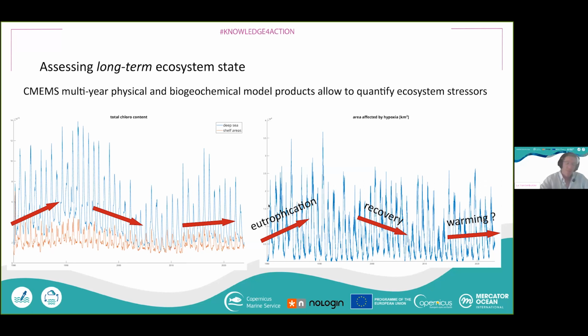Another thing that we can also deduce from data we download from Copernicus is the hypoxia. Hypoxia is a word indicating a lack of oxygen in the water, and bottom hypoxia is the lack of oxygen above the sea floor, on the lowest layer of the sea.